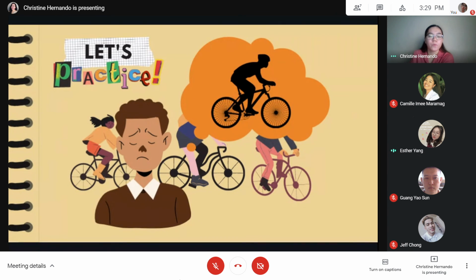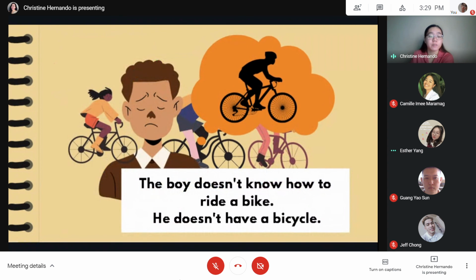Ma'am, I think this picture means the boy doesn't know how to ride a bike. Okay, it could be so. It could be that the boy doesn't know how to ride a bike, and given the context, we can see that the kids behind him could be his friends.